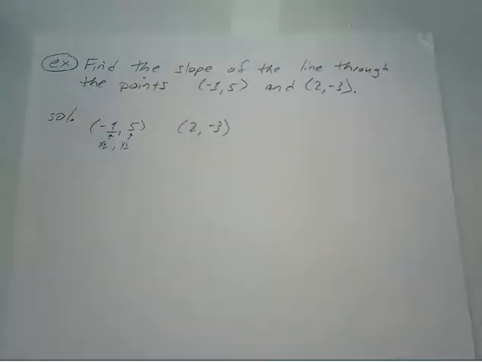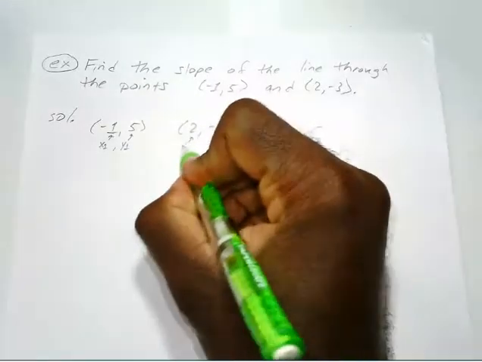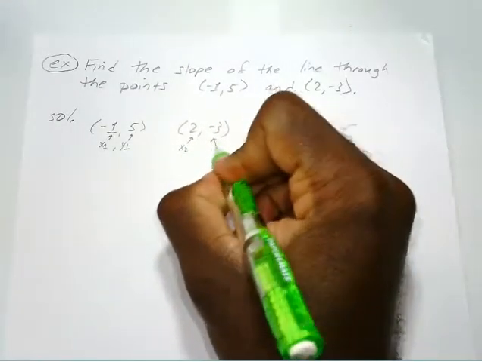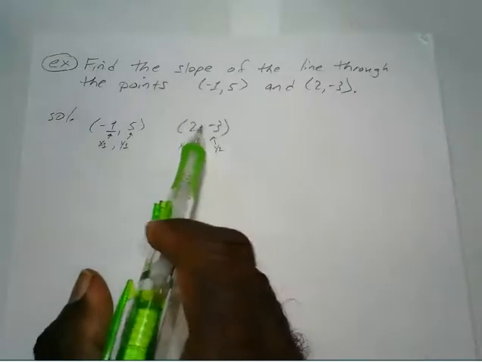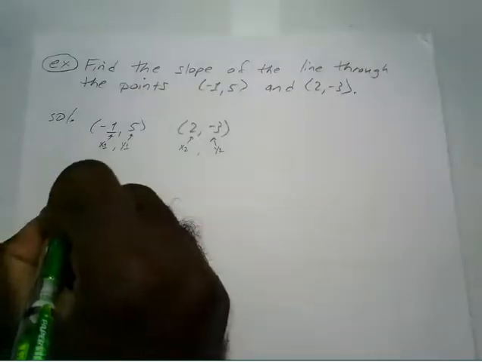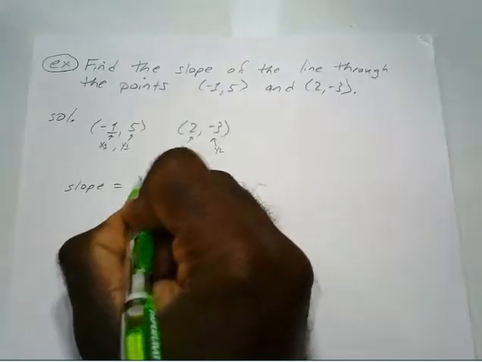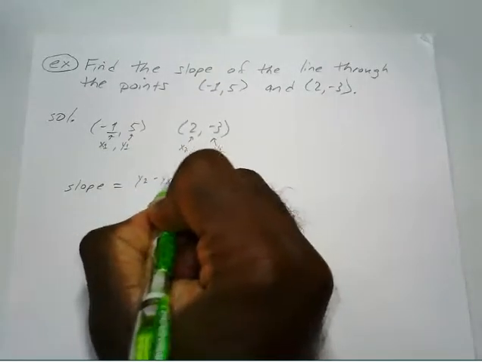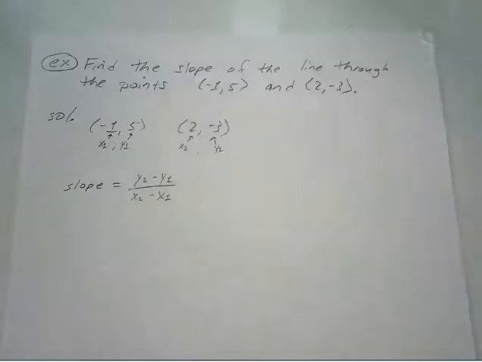There we go. So we have our x1 and our y1. Let's say this is our x2 and our y2. Put a little comma there. So we have our x1, y1 and our x2, y2. Remember, your slope is equal to y2 minus y1 over x2 minus x1.